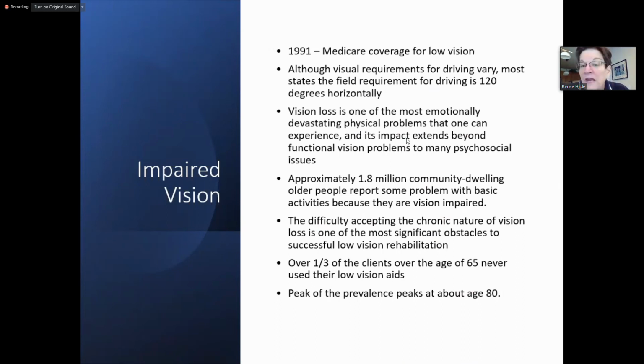Approximately 1.8 million community dwelling older people, meaning not in long-term care facilities, report some problem with basic activities because of visual impairment.